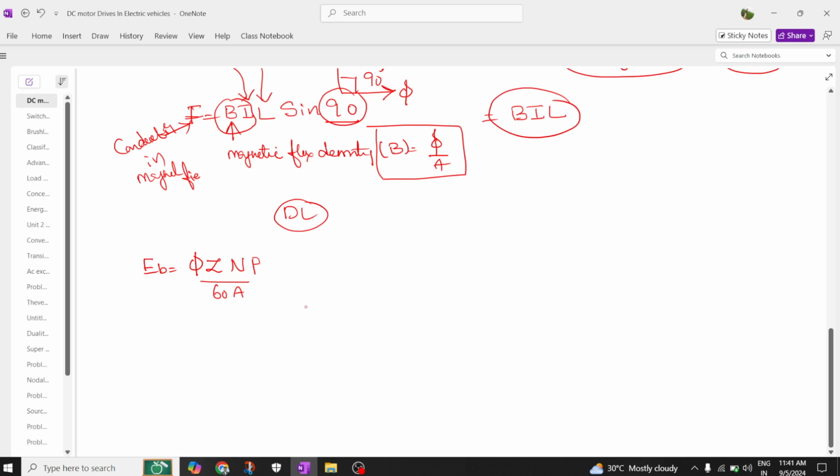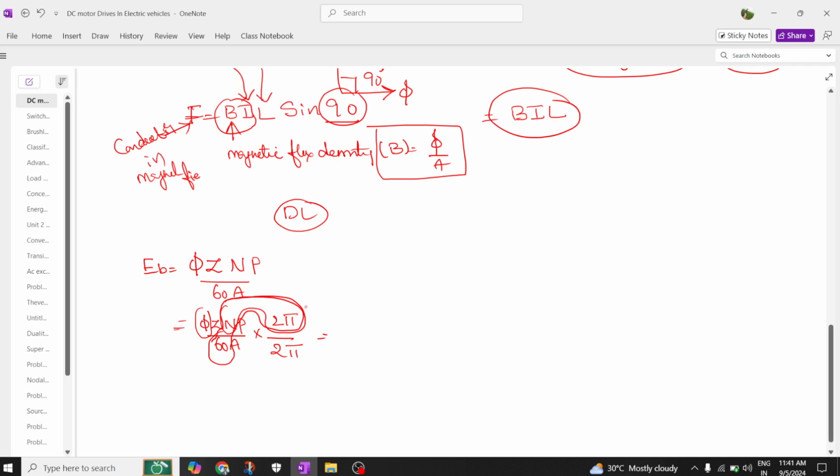So I'm going to write the equation as phi Z N P divided by 60A. I'm going to multiply by 2 pi and divide by 2 pi. When I multiply here, I'm going to segregate this as omega. So I want the term 2 pi N separately, and this 60 separately. These three terms I want separately.